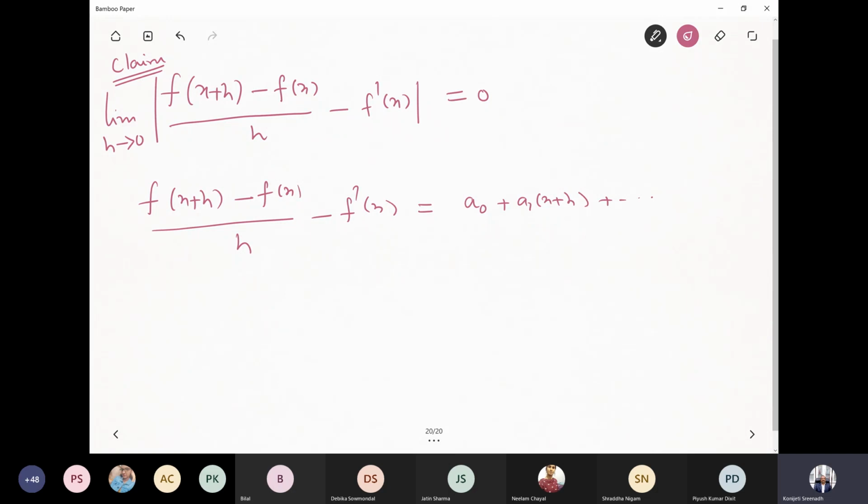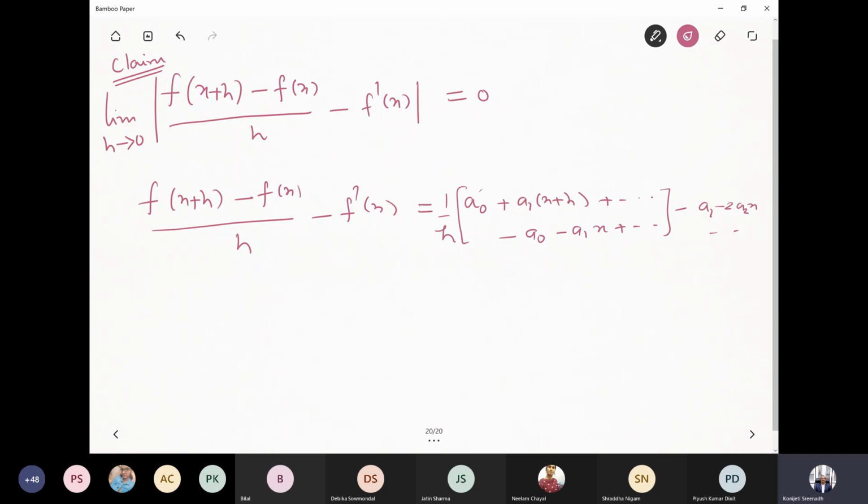And you subtract a0 minus a1 x like this, divided by h, minus f prime. So f prime is going to be a1 plus 2a2 x like this.